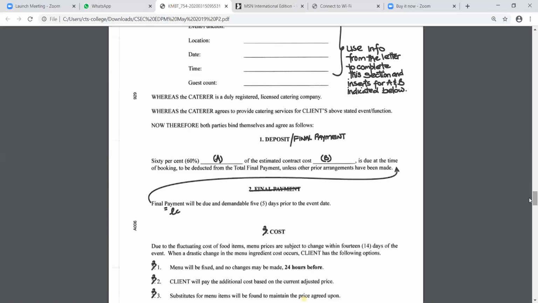Final payment. Very good. That line has to go where? After arrangements have been made. Very good. That line with final payment will be due. That entire line has to move up where the arrow is pointing. Are you all seeing that?